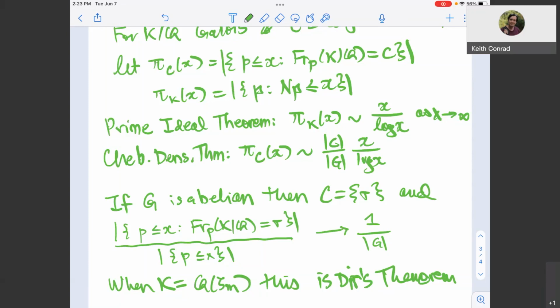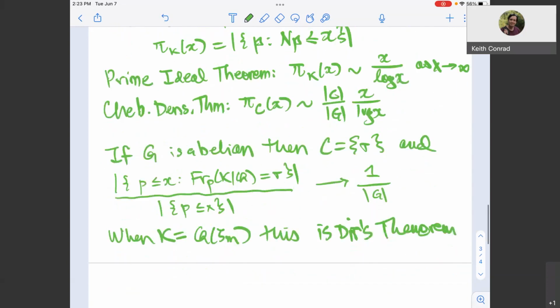So I'm going to phrase the Chebotarev density theorem for Frobenius conjugacy classes to allow a more general base field than just the rational numbers. And that more general formulation actually leads to a simplification in the proof. So we're going to generalize the statement and take advantage of that.